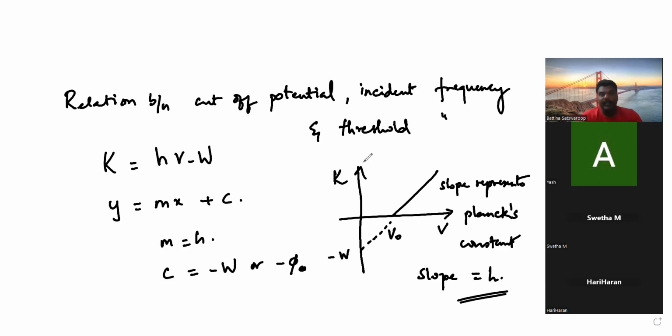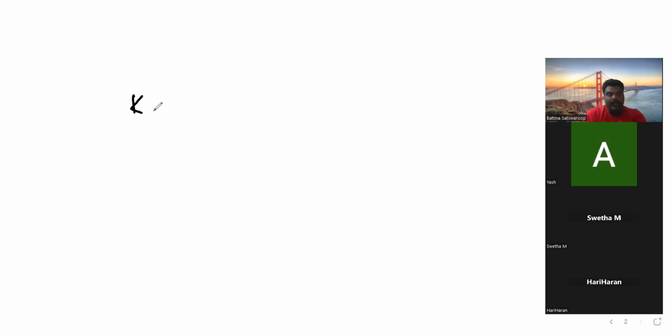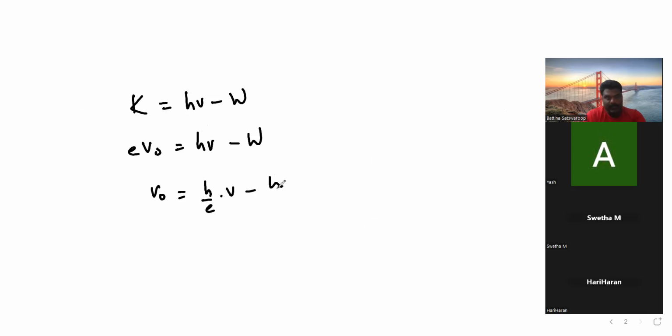You can also write it another way if you want. K equals h nu minus W, so you can write eV naught equals h nu minus W. So V naught equals h by e into nu minus W by e. This looks like y equals mx plus c. So how will the graph come? The graph will come like this.